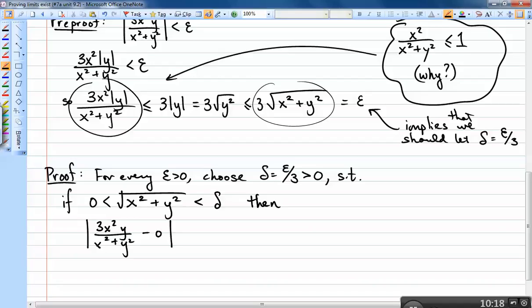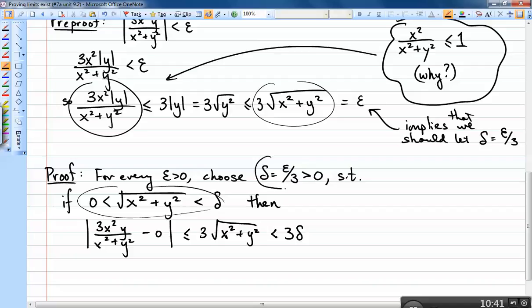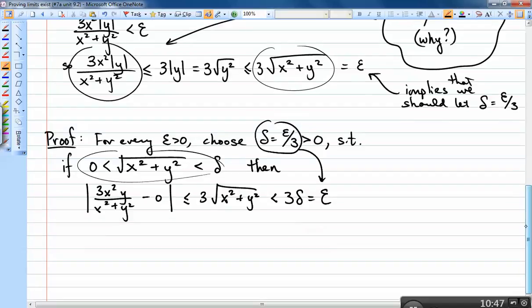Now, we've already manipulated this a bunch. We know that this has to be less than or equal to 3 absolute value x squared plus y squared. Now, that has to be less than 3 delta based on the if, right? Less than 3 delta. And so this 3 delta is the same thing as epsilon. So what I have here is if 0 is less than the square root less than delta, then f of xy minus L is less than epsilon.